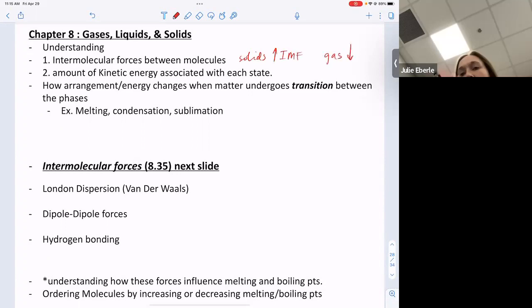Gases have low amounts of, or no IMFs. But solids have low KE, kinetic energy. They're not really moving very fast, but gases have very high kinetic energy.